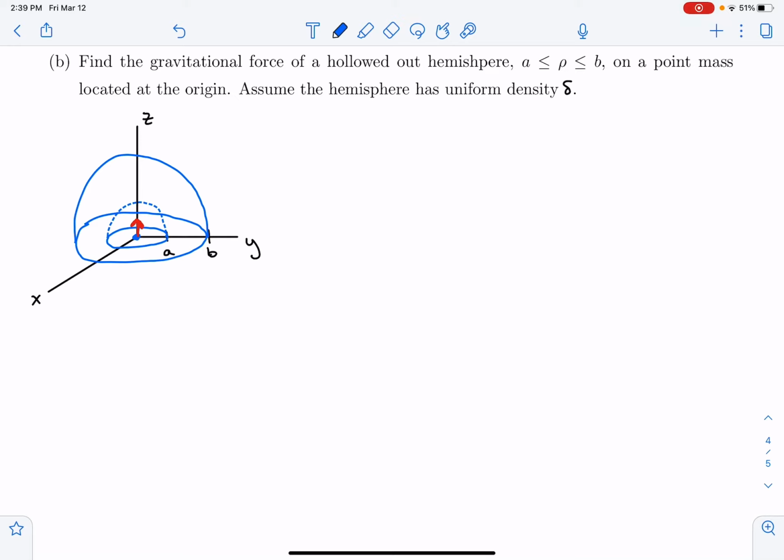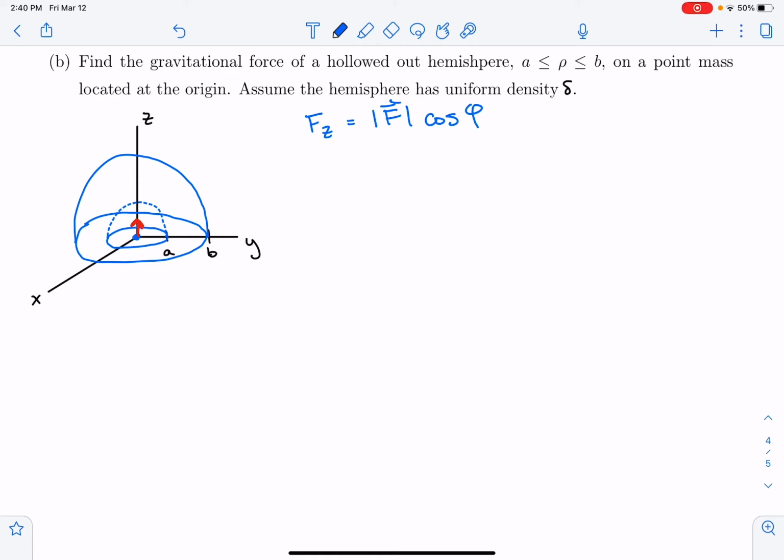So this is only going to feel a force in the z direction. The force in the z direction, we're going to think about as being the magnitude of the total force that it feels, times cosine phi. Remember that when we're dealing with spherical coordinates, if we want to project in the z direction, then we have a cosine phi.